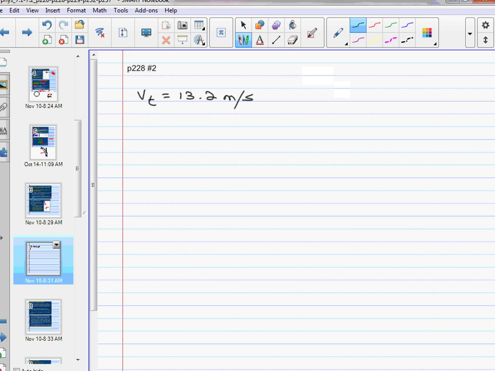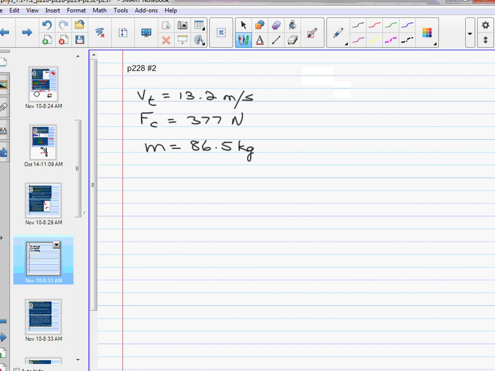The magnitude of the centripetal force is 377 newtons. The combined mass of the bicycle and the rider is 86.5 kilograms. What is the track's radius?